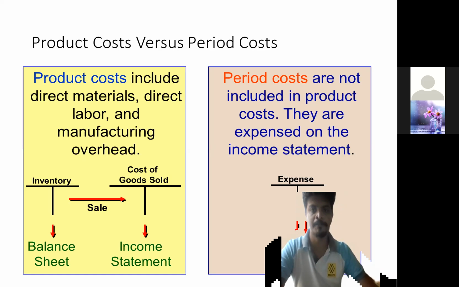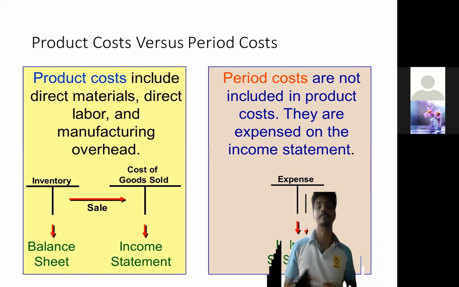Period cost means those not included in the cost related to a product. Simply, those we do not identify under the production, that means the manufacturing account.